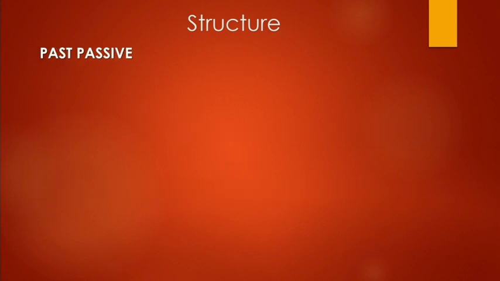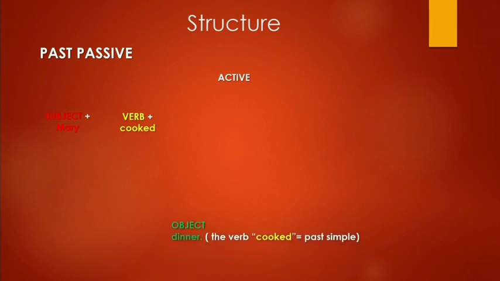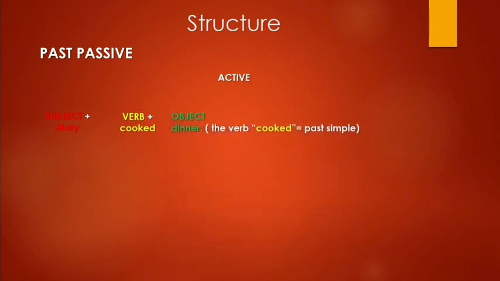The structure of the past passive. In active sentences we have again the subject Mary. The verb in this sentence is in past simple. You know that the verb cook is regular and goes cooked. And the object, dinner. So the verb in this sentence, cooked, is in past simple.